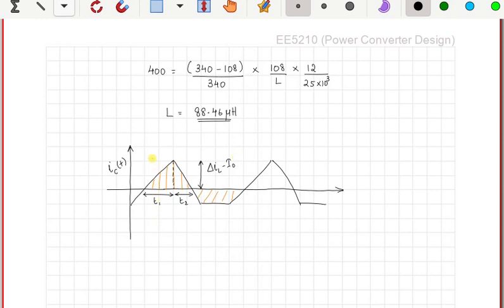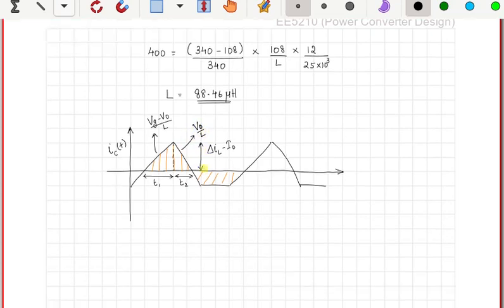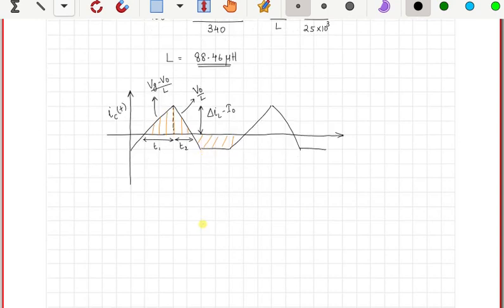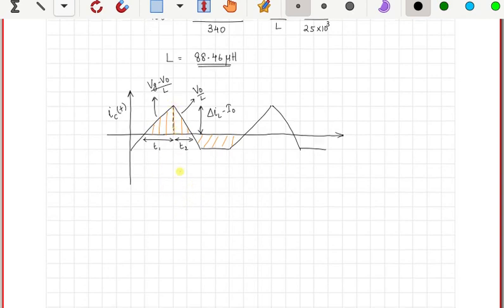And we also know what is the slope of this portion, right? That is Vg minus Vo by L. And what is the slope of this portion? That also is known to us. It is simply Vo by L. So using this information, we can now calculate the magnitude of T1. The height of this triangle is delta IL minus I0, which is 14 amps.